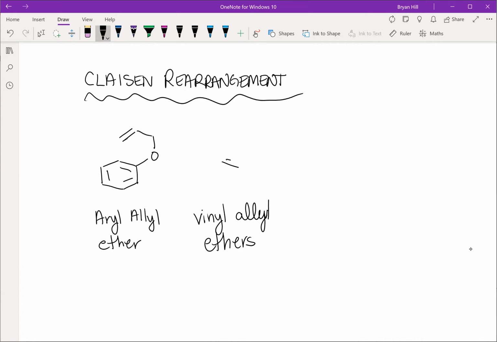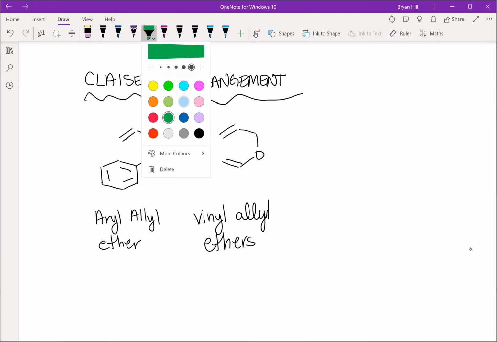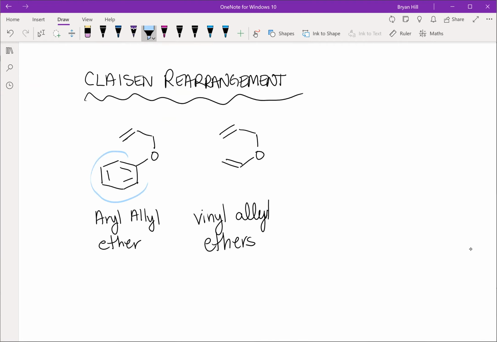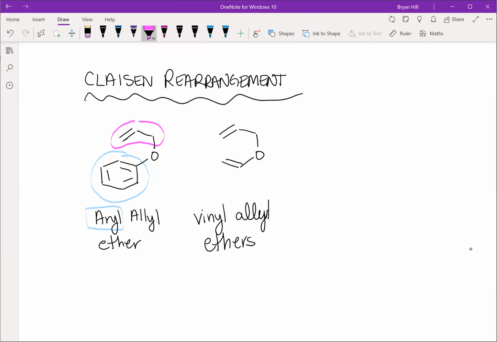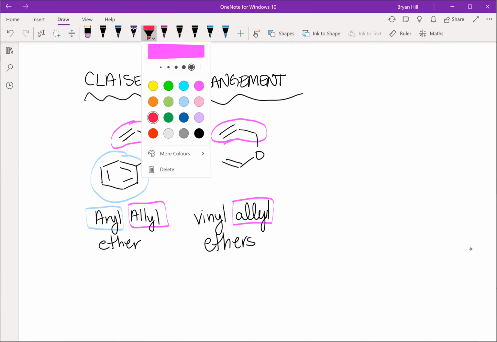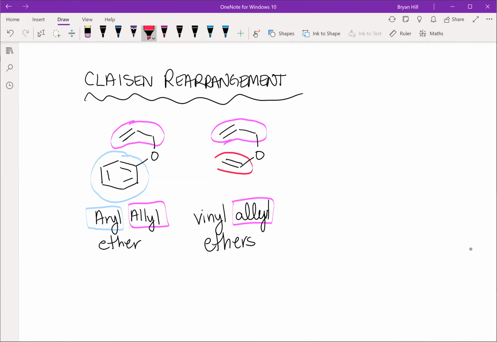So the aryl group here is the ring, right? That's an old term, aryl is just an aromatic ring. The allyl part is in pink. Remember, we had seen allyl groups before. So allyl. And vinyl is a short term for this part here. So these are the two situations where this reaction works.